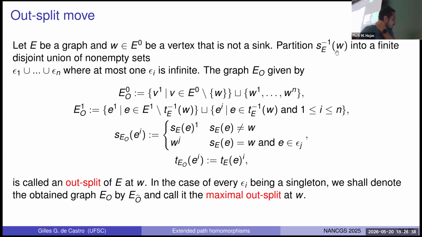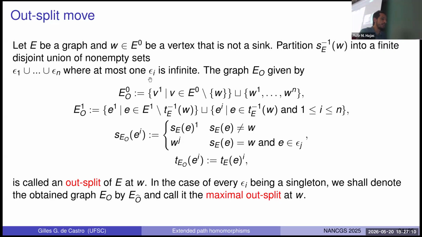And if it is an infinite emitter, when we take this disjoint union, exactly one of them is going to be infinite. All the others are going to be finite. Of course, if this set is finite, then everything is already finite. But in general, since we don't know if w is an infinite emitter or not, we just say that when we take this partition, at most one of them is going to be infinite.